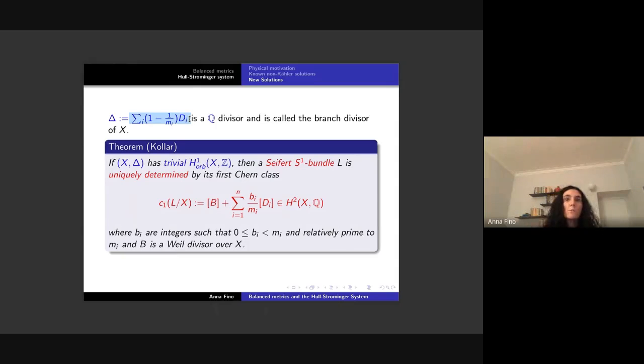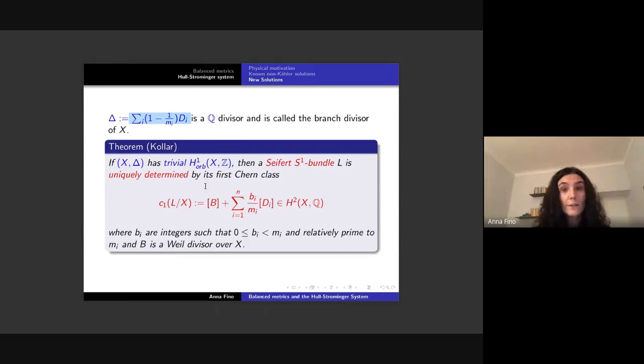This is called the branch divisor of X. And this is a very nice, important result by Kollár that says essentially that if the base, let's say, is a trivial H1 orbifold, okay, then your Seifert S1 bundle is completely determined by its first Chern class.